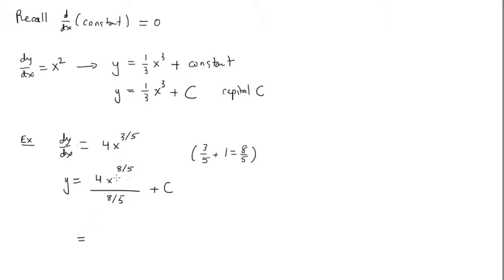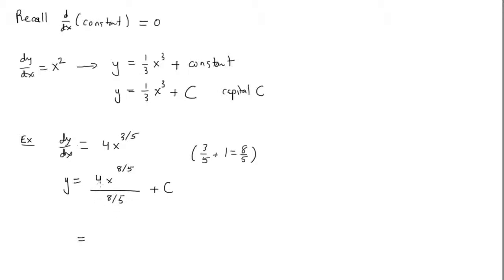Okay, so what did we do? For the derivative, the process is multiply by the power and then take one away from the power. So this new process goes in reverse. Add 1 to the power and then divide by that new power. Okay, so I added 1 to 3/5 and got 8/5, and then I divided by that right here.